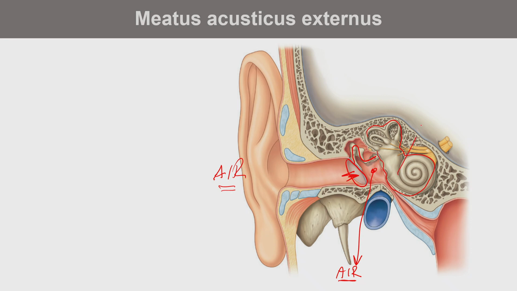And in the inner ear, it's fluid. Remember that in the middle ear is air because it is connected with the pharynx by the pharyngotympanic tube.